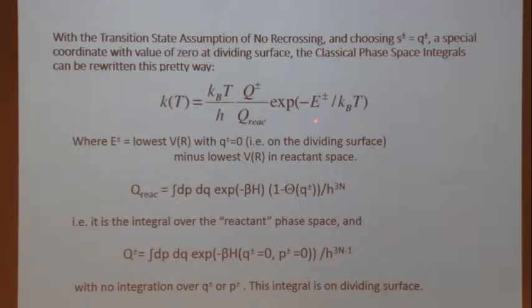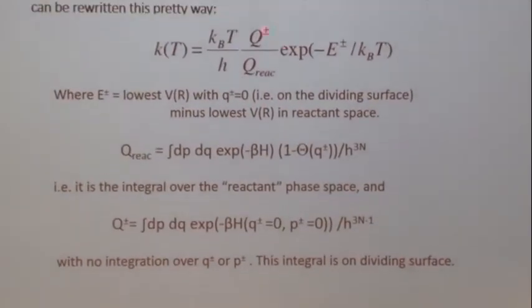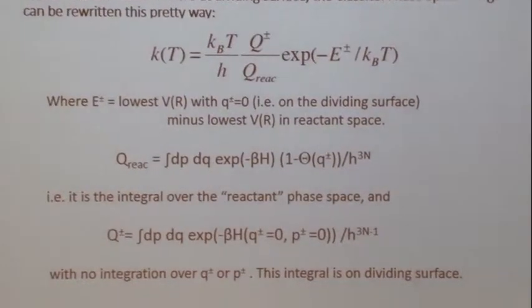And this is the energy of the mountain pass, or the lowest energy at the dividing surface. So it's the minimum energy required to get across. So this formula is the formula for the rate coefficient if I believe that the recrossings are negligible, and I believe classical mechanics, everything's fine.